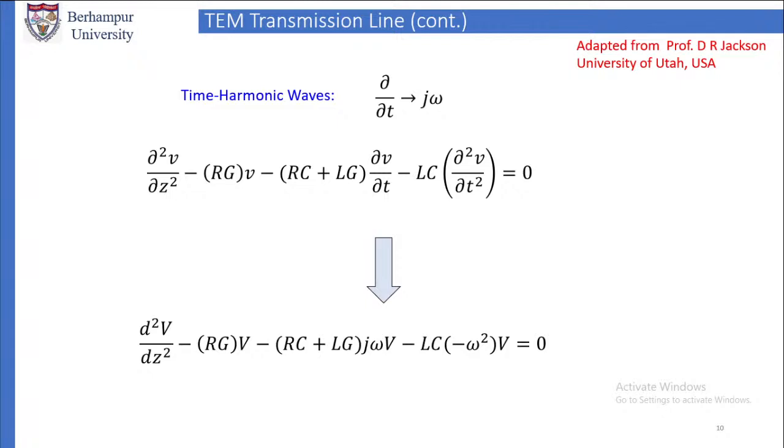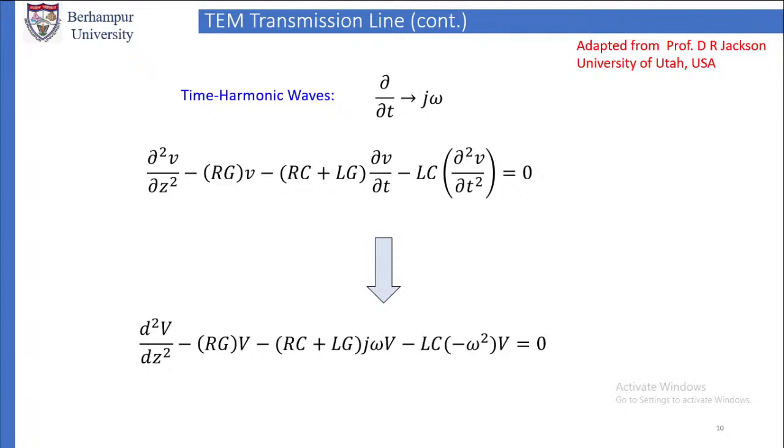If so, its time variation will be of the form e to the power j omega t. If you take its derivative with respect to time, ∂/∂t is equivalent to j omega. So for ∂/∂t, put j omega in the above equation.